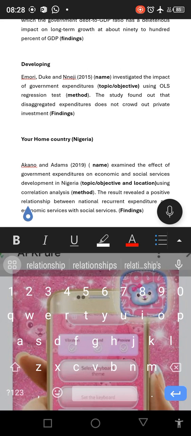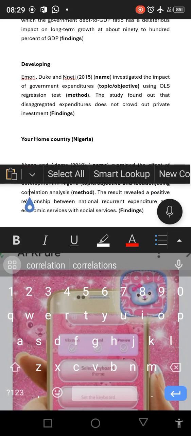You understand? They use, okay, the correlational analysis. I do not want you to look at that method, because correlation actually examines the relationship between variables, but the objective says examine the effects. I just picked one out of the methods. This correlation analysis is attributed to the descriptive section of their work.